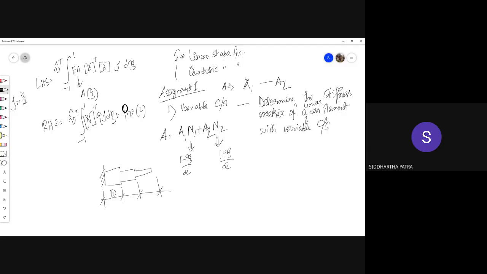This is element number 1 with cross section A1, then A2, then A3. So chances are you would encounter problems like this one, compared to encountering a gradually variable cross section element.